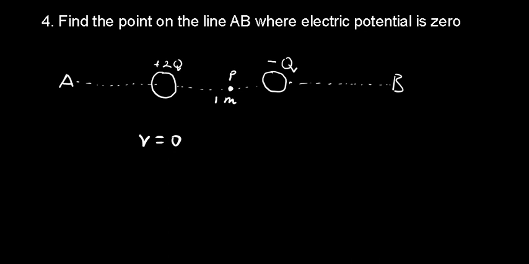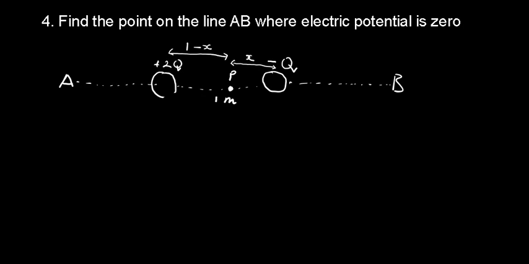Let's call the distance from this to this X. So if we call the distance X, that means the distance from positive 2 to P is going to be 1 minus X, because the total distance is 1. All right. So let us now try to solve that.